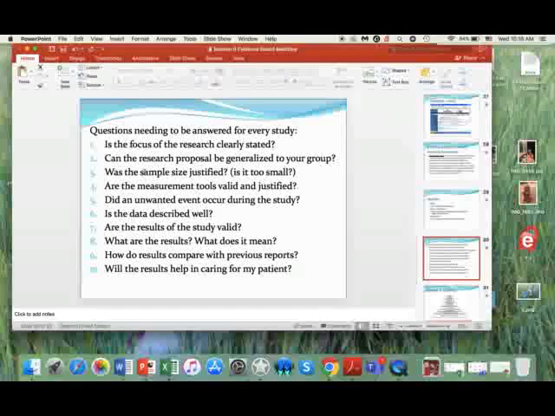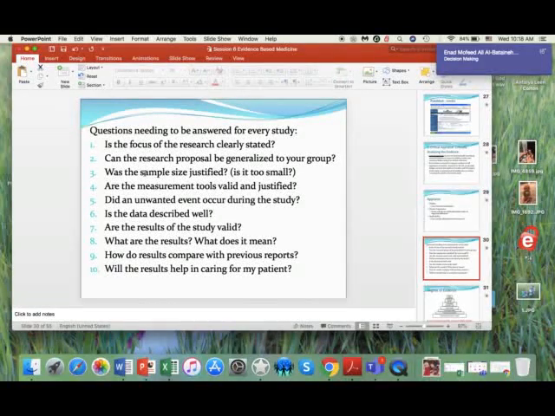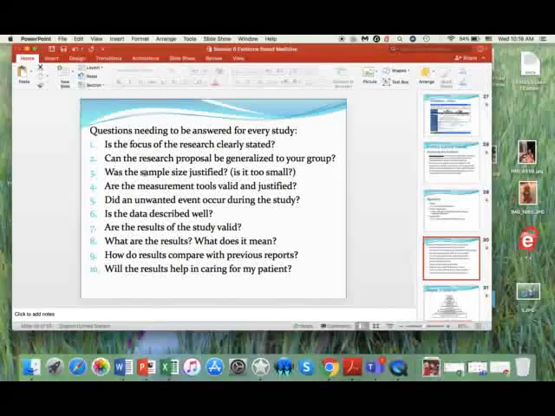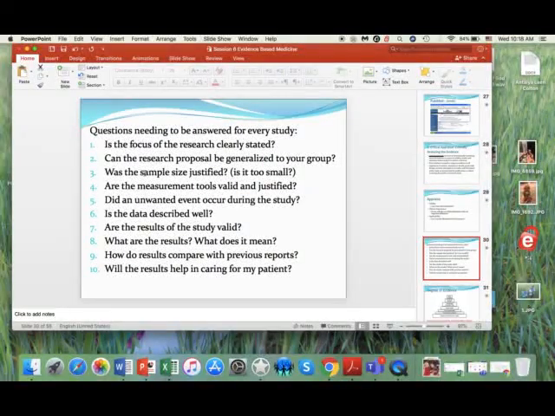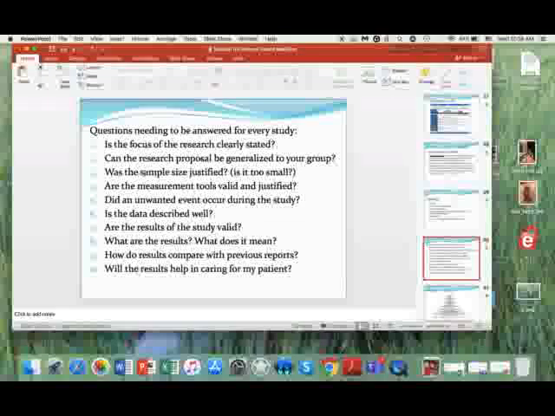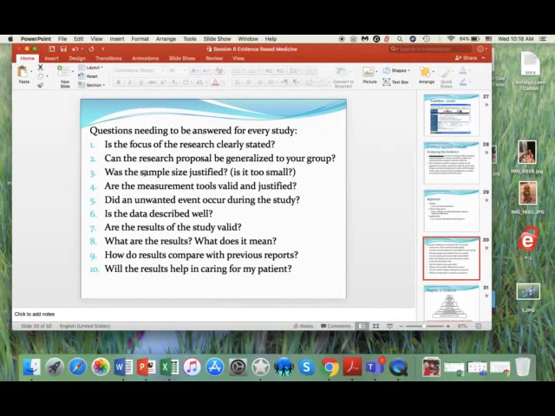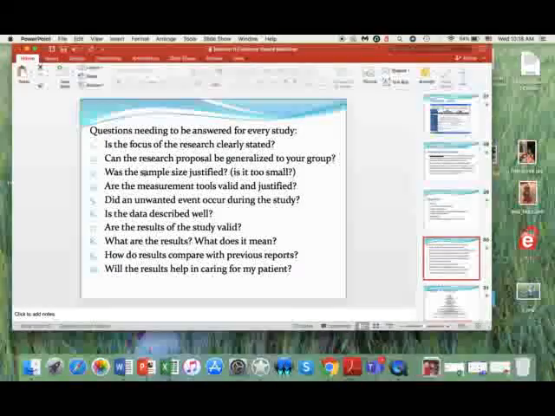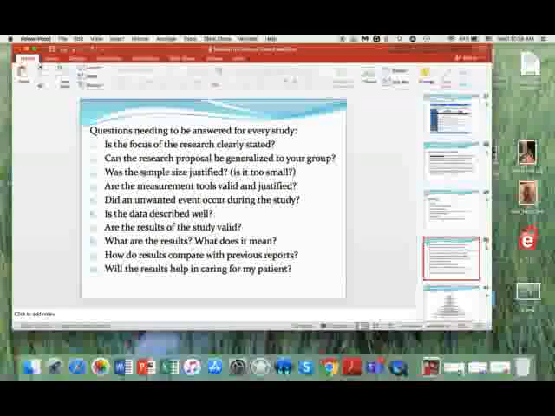Was the sample size justified? This is getting into, is it valid? Was the sample size too small? If we do research on 10 people, can we really use that evidence on people all around the world? Probably not. If it was just done for people in one state in America, can we apply that to patients in Africa?